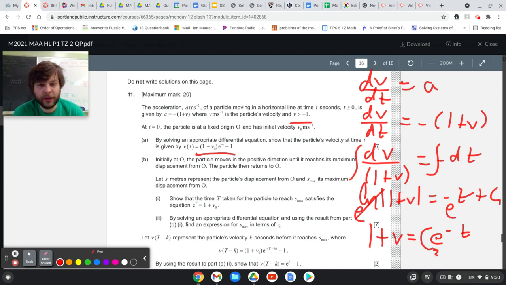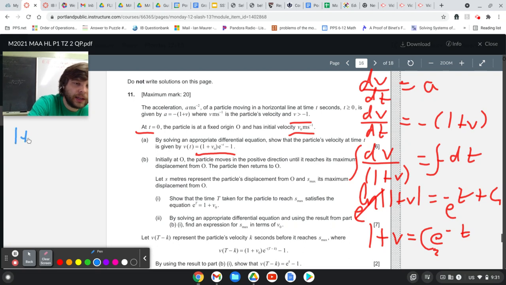How do we, in other words, show that C2 is equal to 1 plus v naught? Well, we were given that at t equals 0, it has initial velocity v naught. So let's plug those values in. I'll do it over here on the left side. I'm going to plug in the initial velocity of v naught, and I'm going to say that's C2 e to the negative 0, which is great because e to the 0 is 1, and then we have our constant.